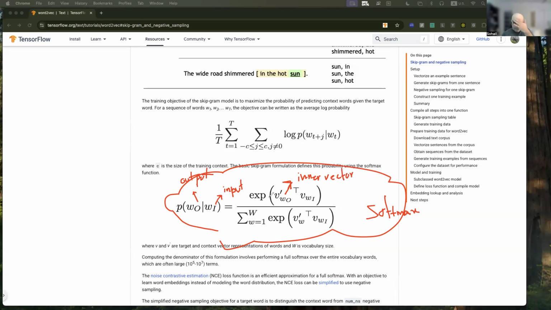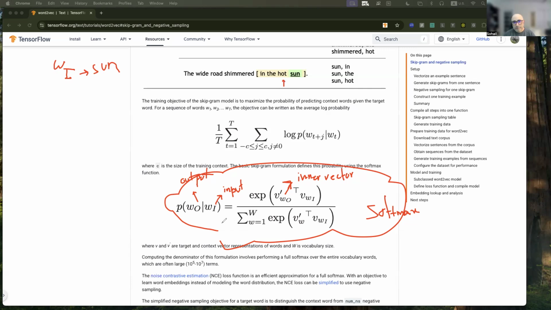All right, so the idea is, I'm going to get back to this example in here. Imagine our input vector, WI in here, is sun. And we want to calculate the probability of this word which is in the window size, which is hot.